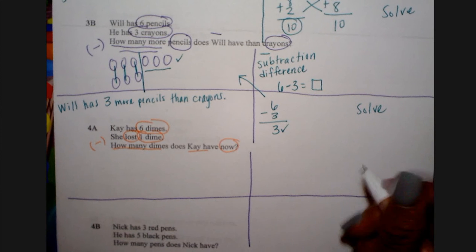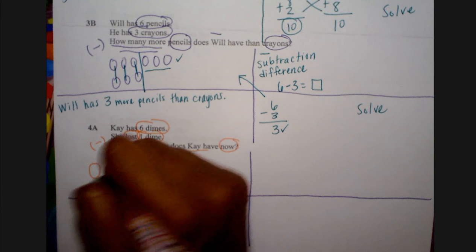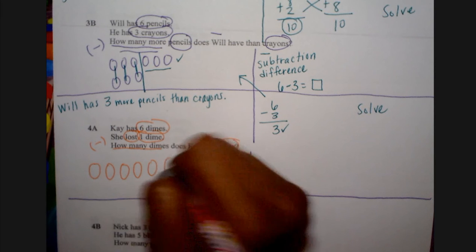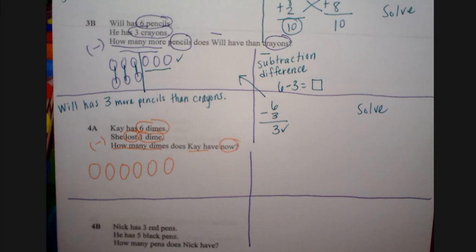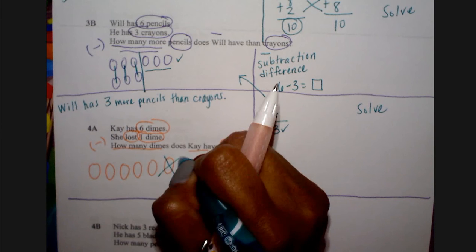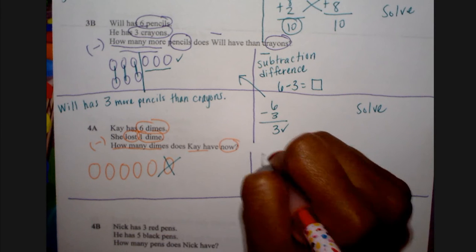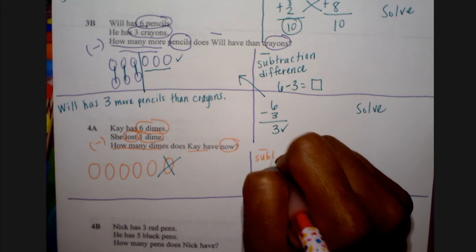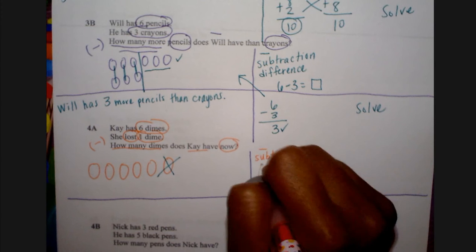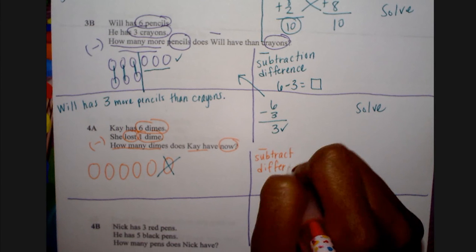Okay, so let's draw our 6 dimes. 1, 2, 3, 6. And she lost 1. We already said subtracting. Again, when we subtract, we are finding our difference.